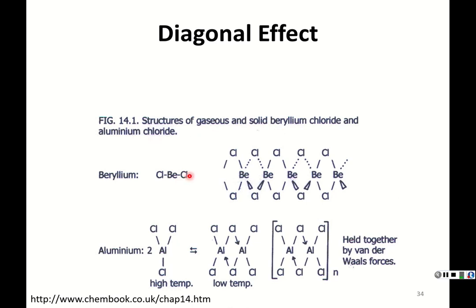They share this diagonal relationship, and you can see that they form similar structures when they are bonded to chlorine. Both can form a networked, tetrahedral sort of bonding, like a chain of aluminum or beryllium and chlorine atoms.